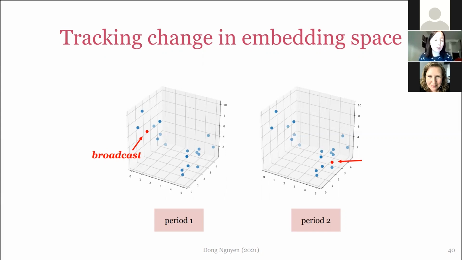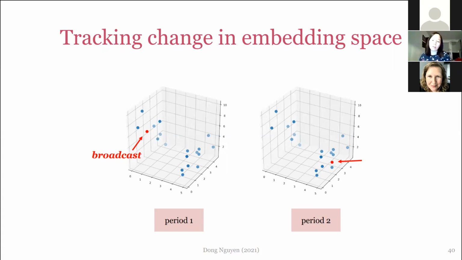So what we could do is look at where the word broadcast appears in the embedding space in period 1, and where it appears in period 2. And if we see that its position has shifted a lot between these 2 time periods, that is taken as a signal that the word has changed in meaning, or at least in how it's used in our data.